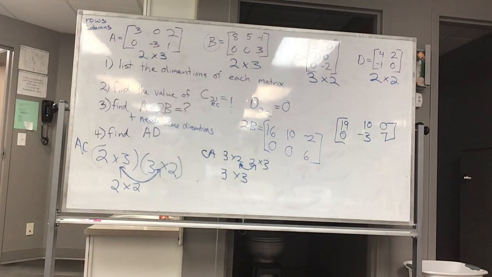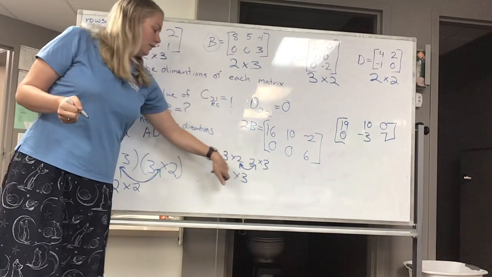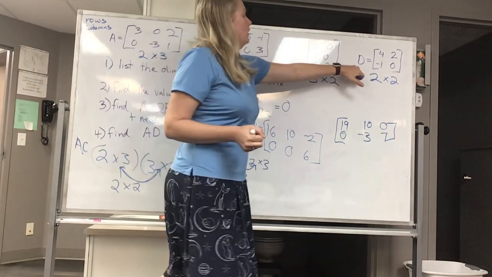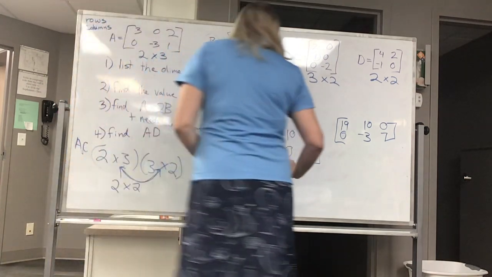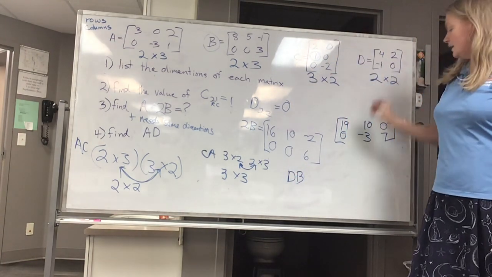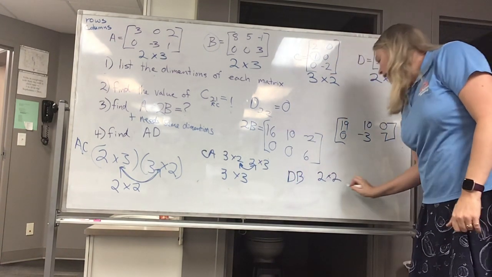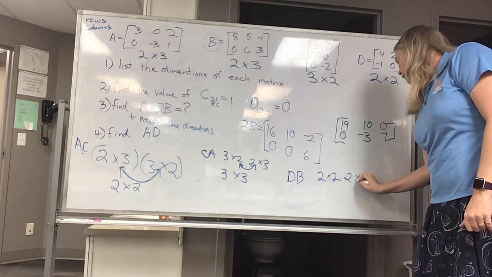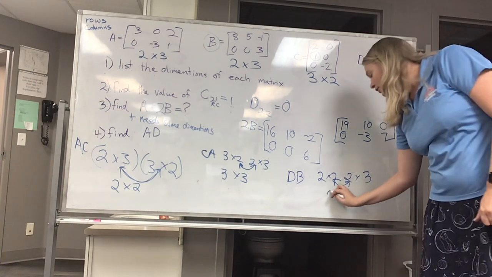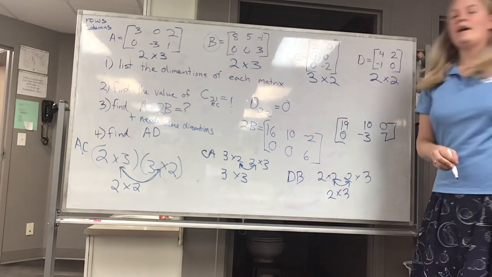And so the order on matrices, again, makes a huge difference. Doesn't have to have this mirror effect. I can take D and multiply it by B because D is a 2 by 2, B is a 2 by 3. These two are the same. Our final dimensions are going to be 2 by 3.